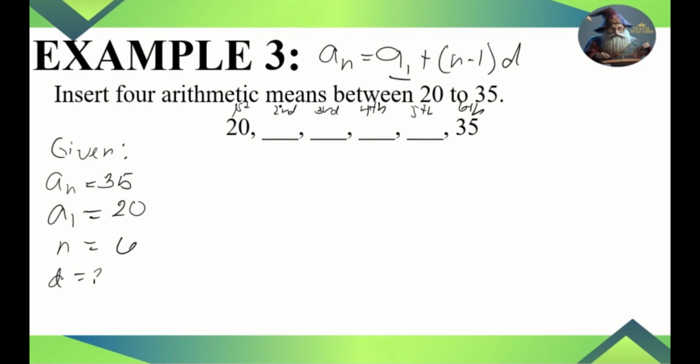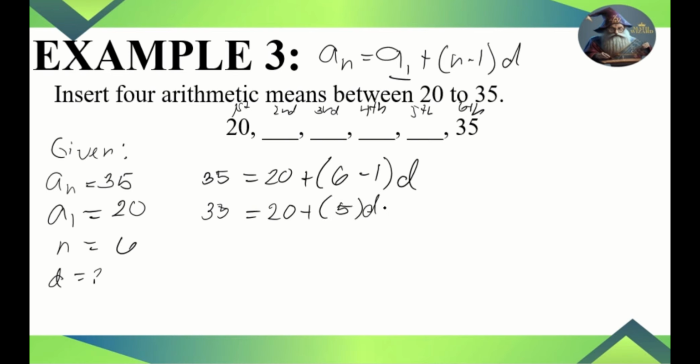Okay? I-substitute na natin lahat itong given natin dito sa formula natin. What is a sub n? That is 35, is equal to, what is a sub 1? That is 20. Plus, what is n? N is 6 minus 1, d. So 35 is equal to 20 plus 6 minus 1, that is 5, d.